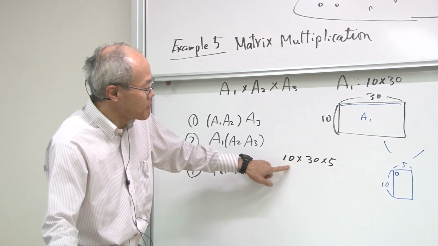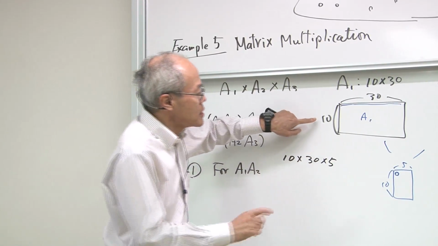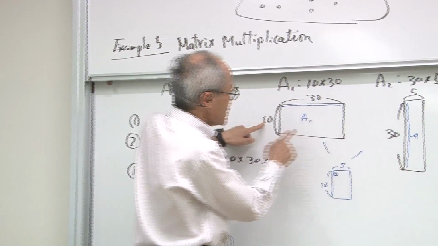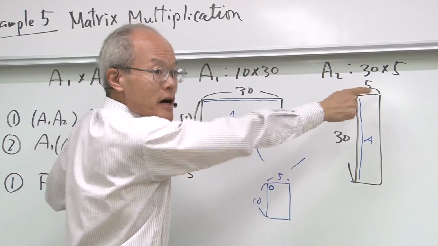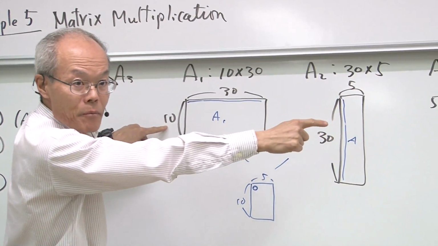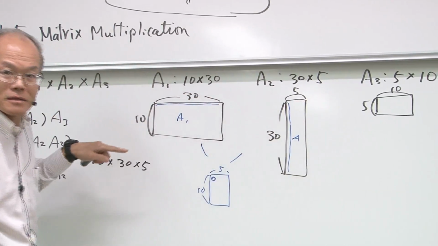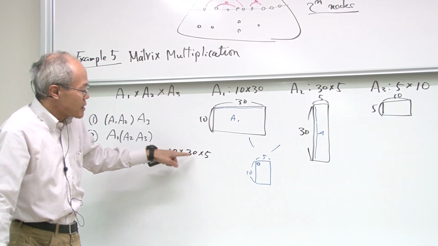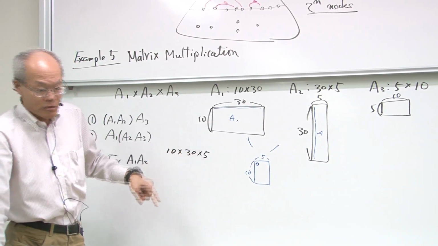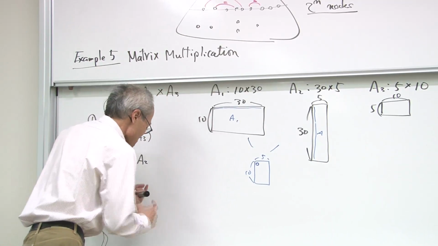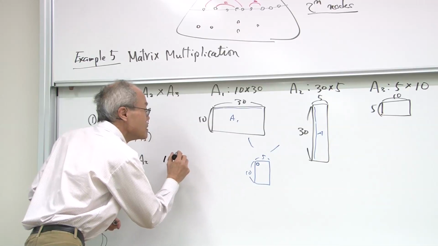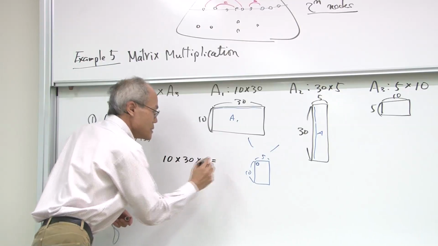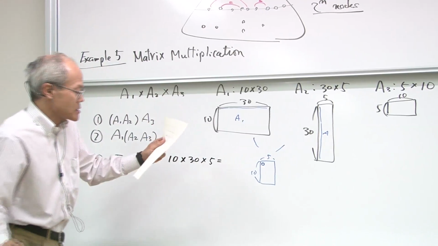This 10 times 30 times 5 means we are multiplying a 10 by 30 matrix and a 30 by 5 matrix, and the number of operations is 10 times 30 times 5. I'll use this notation. So 10 times 30 times 5 is equal to 1500.